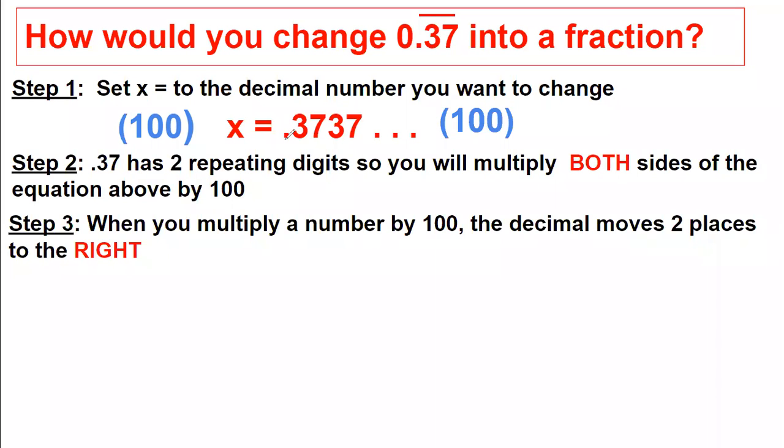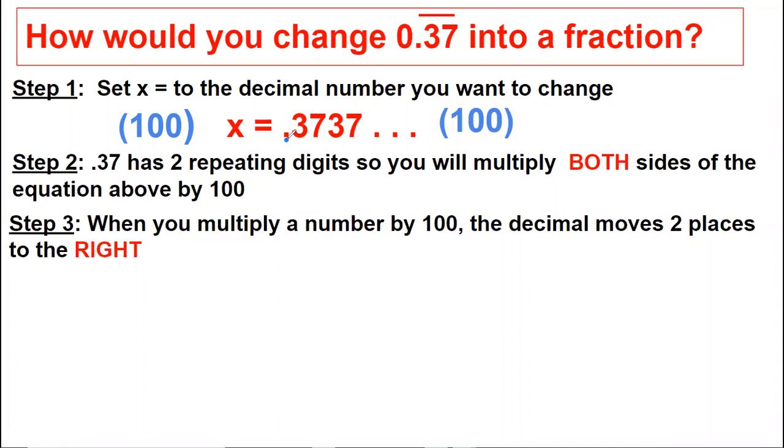So my decimal point is going to move 2 places to the right. So don't count the first spot. You got to count the jump. 1 spot, 2 spots. I'm going to move my decimal right there. Now the number is going to become 37.37373737, repeating forever and ever, right?